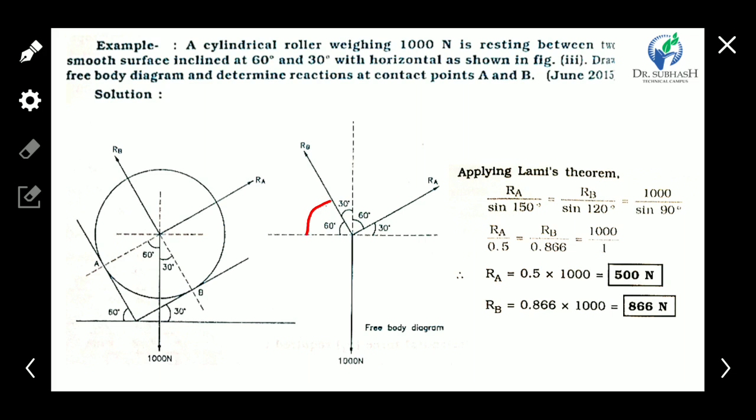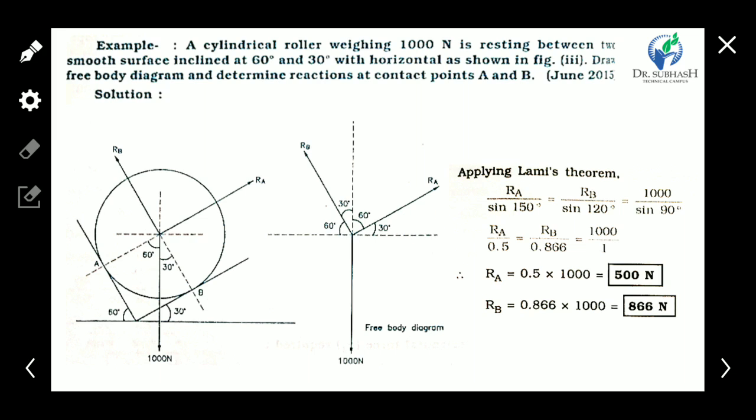So with the horizontal, this angle is 60 degrees, because this is a 90 degree line and here the 30 degree angle is there. So the other angle is 60 degrees. Here the horizontal angle is 30 degrees.